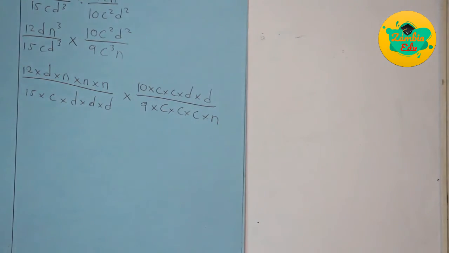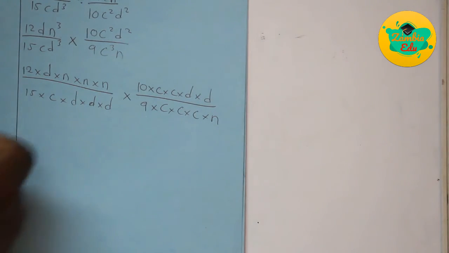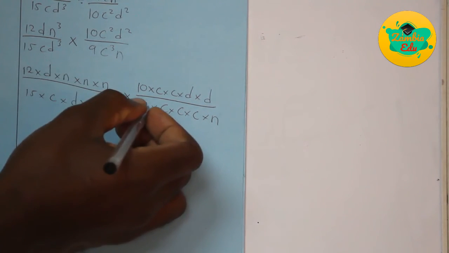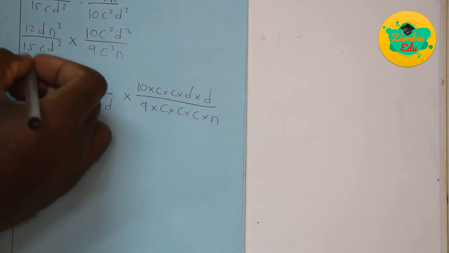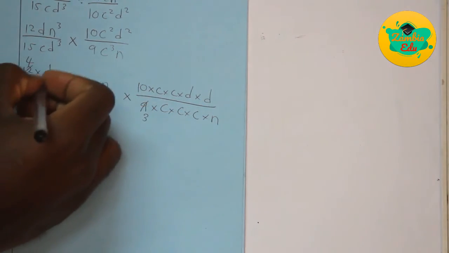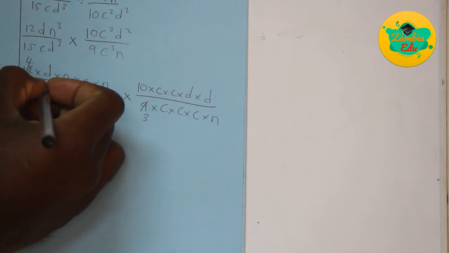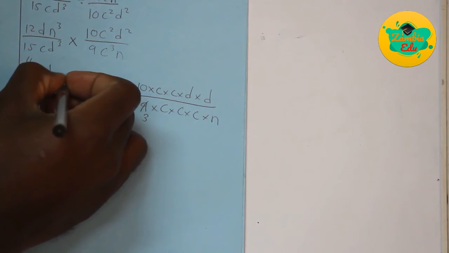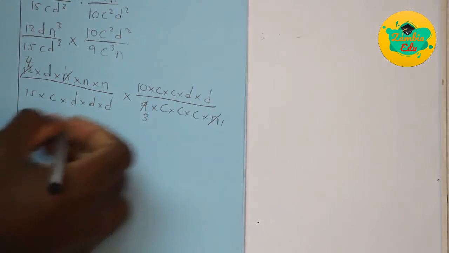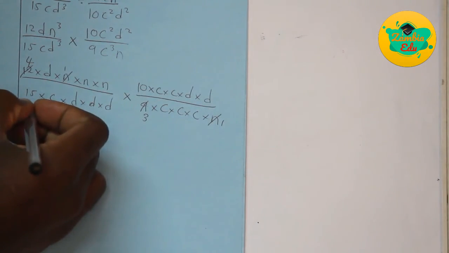And quickly we check the diagonals to cancel out what's common. So already we know, if we look at this and this, there's a 3 that is common. So 3 there, 4, 3 there, 3. Then N there, 1, N there, 1. Check the other diagonals also there.